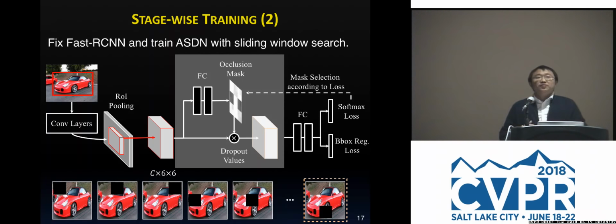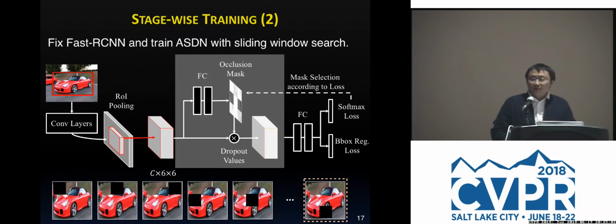Then we say this is a good mask to challenge this detector. We use this mask as the ground truth to train the adversarial dropout network. So next time, when you forward the same car to the detector and adversarial network, it will know where to drop out to give very challenging features for the detector to recognize.